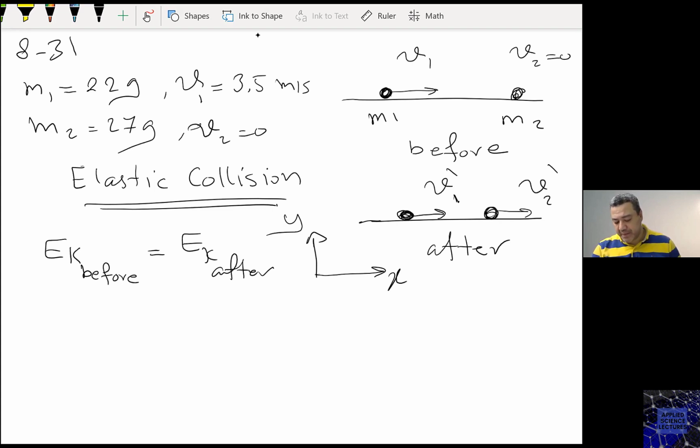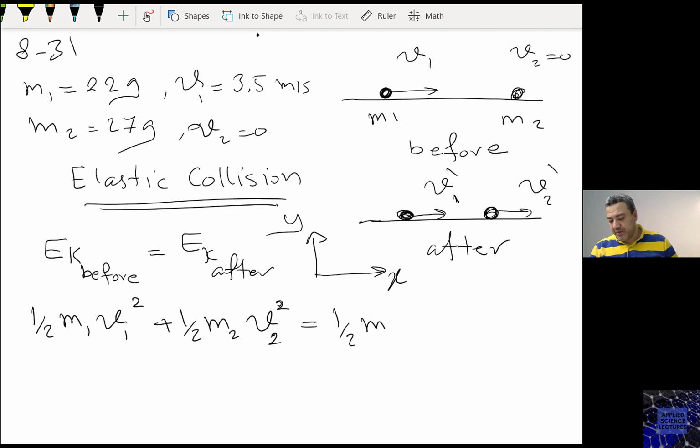So in this case, this is going to be half M1 V1 squared plus half M2 V2 squared equals half M1 V1 prime squared plus half M2 V2 prime squared. The prime is for the after, the regular one is for the before the collision.